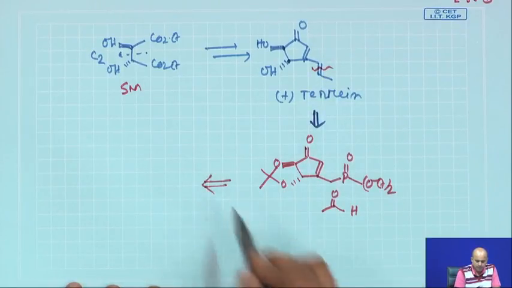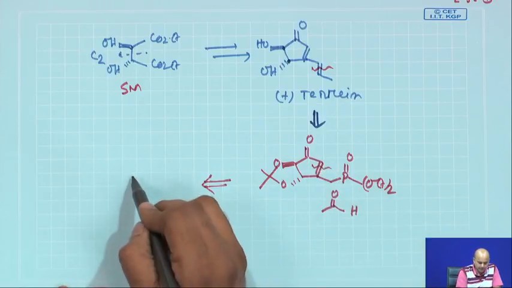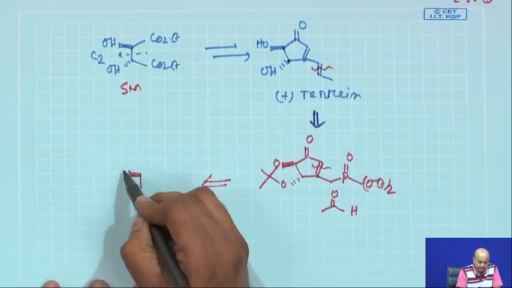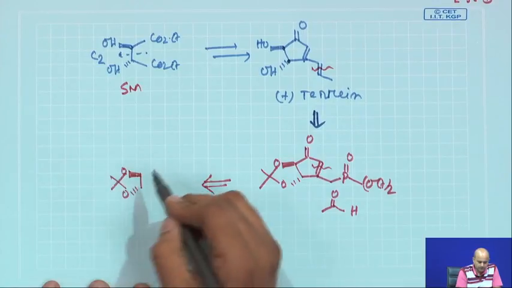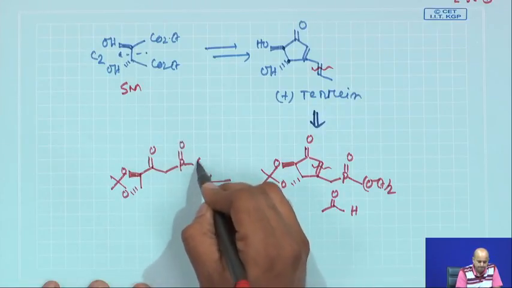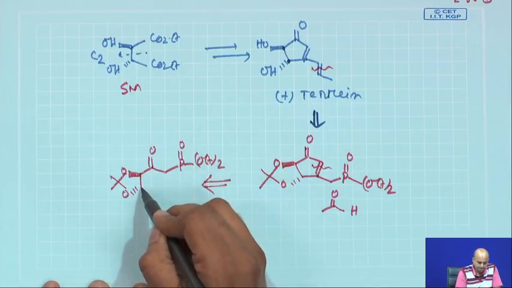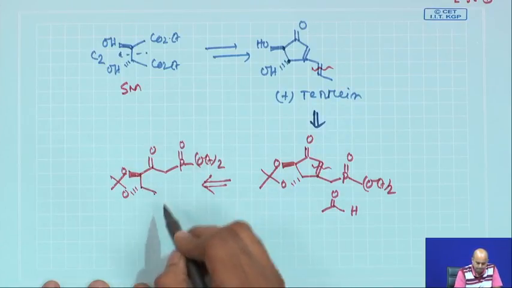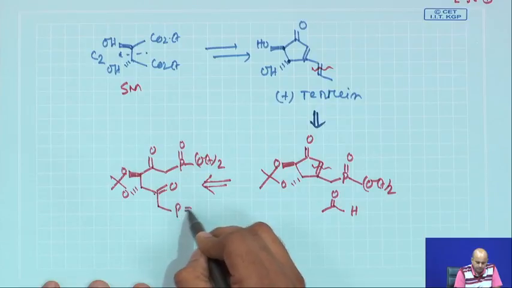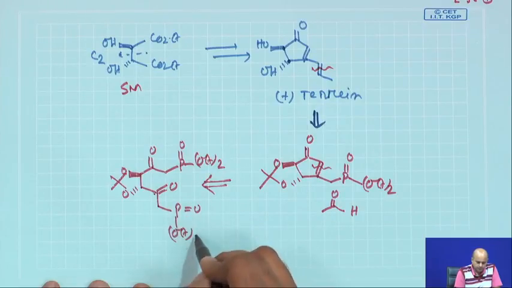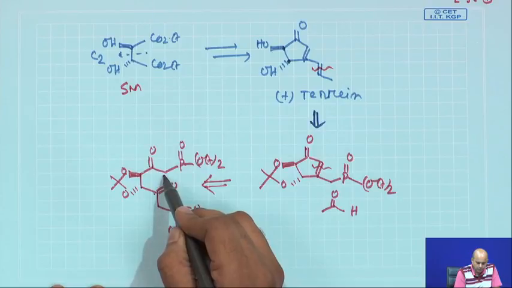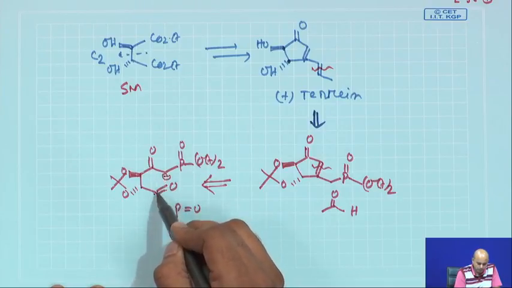So, now we will again be disconnecting this part here, and now we are saying that if we are having this ketophosphonate, again C2 symmetrical, we say that first you do an intramolecular Horner-Wadsworth reaction with one of these carbanions to this carbonyl.